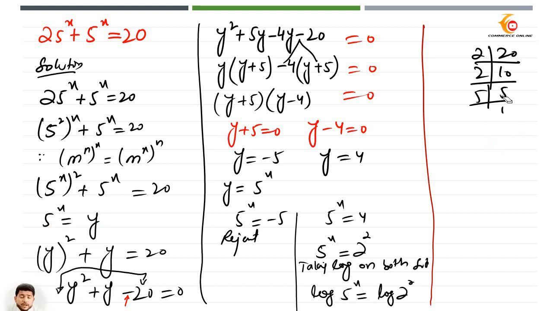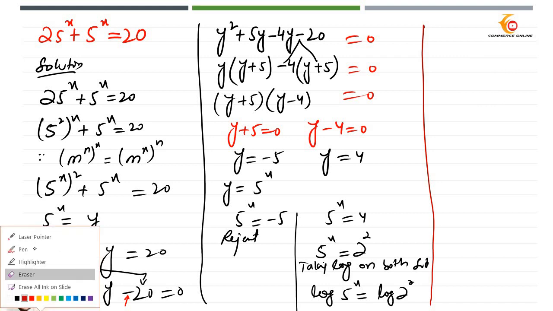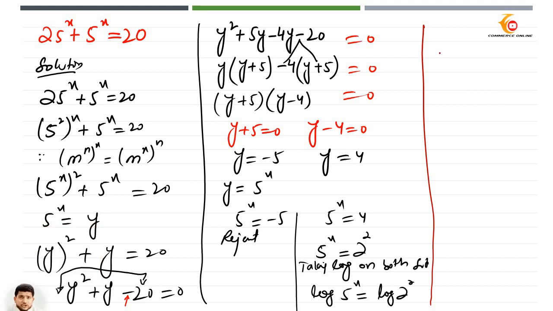Now I'm going to solve with the log function. Here when we apply log, the power will come before. So we have x log 5 equals 2 log 2, and now we can divide by log 5 on both sides.